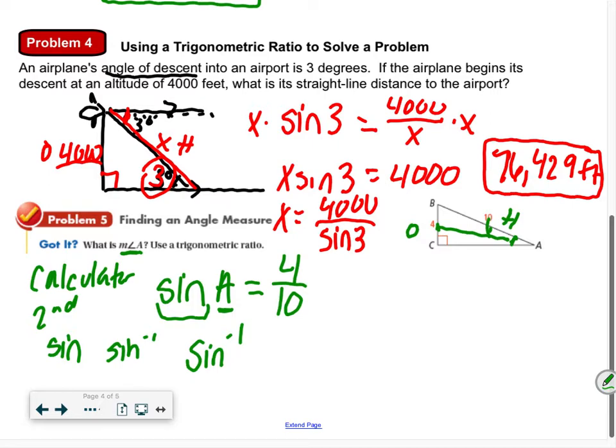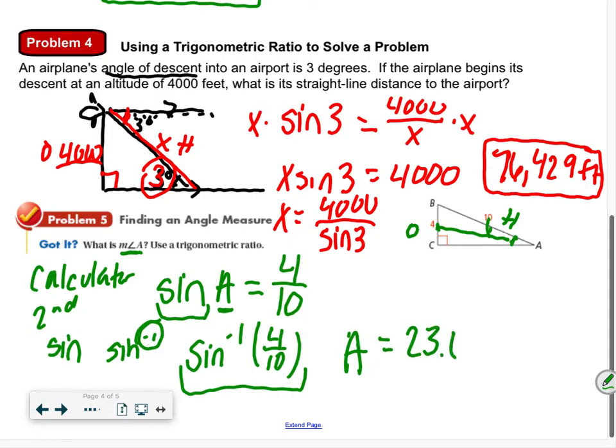Sine inverse or cosine inverse, this inverse, the negative 1 exponent, always tells us an angle measure. So we always use the inverse to find an angle. If you type inverse sine of our fraction into your calculator, you will get your angle measure of 23.6 degrees.